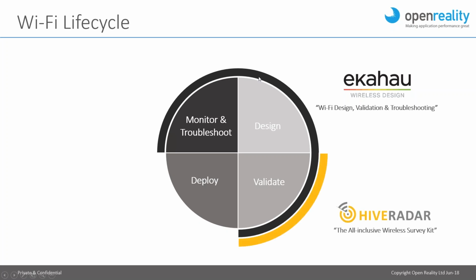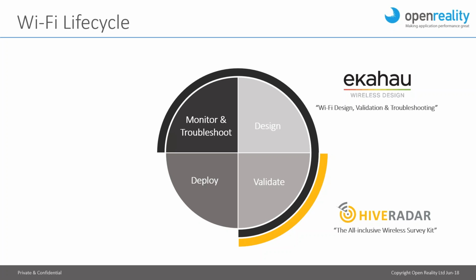As the next piece of that, we have something called Hive Radar, which I like to refer to as the Rolls-Royce of wireless survey kits. Anyone who has deployed wireless, or seen wireless being deployed, may have noticed people hurrying around with what looks like a big camera tripod with some cables hanging off it and a few other elements.